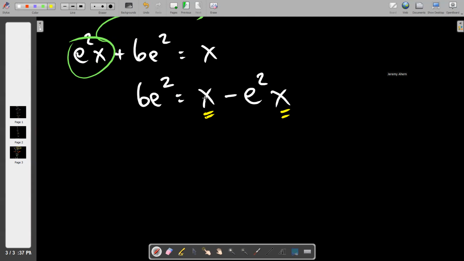You have to pull it out of both terms like this. And if you pull out x, what's left behind? What's left of this term if you pull out x? Very important something. 1. Good. And what's left of the second term if you pull out his x?